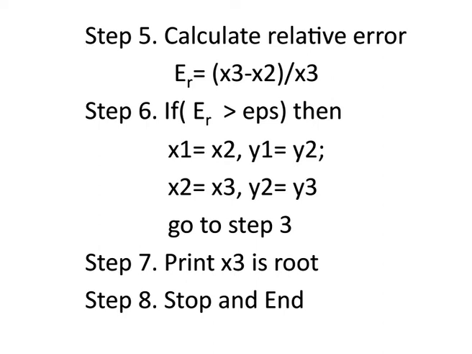X 3 is the newly calculated value of root, and corresponding y 2 is now y 3, and we go for repetition. We go to the iterative procedure to calculate the root again. So, the procedure is repeated till the relative error, we are calculating relative error, becomes less than epsilon, the allowed error.